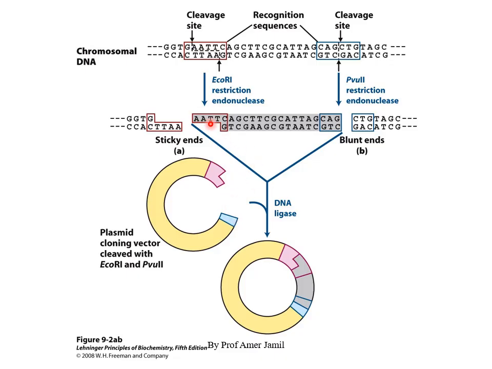So phosphates are present here, and there are no phosphates present here and here. So there will be phosphodiester linkage between these on one end, and on the other end there will be no phosphodiester linkage. But when you transform this vector inside the bacterial cell, the phosphates which are not present will be repaired.